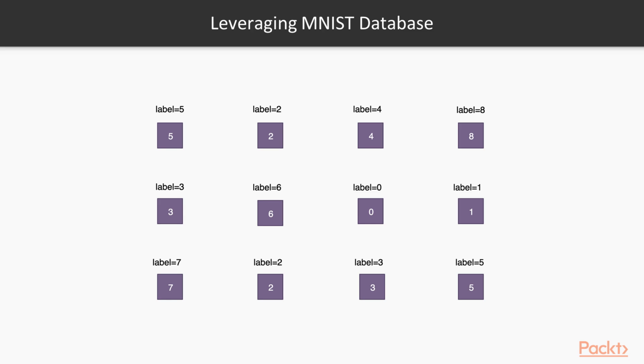Leveraging that, we will be able to teach our model how to treat, for example, handwritten 5s. And then when a new digit that is not labeled arrives at our model, we'll be able to guess which number it is. So the MNIST dataset has numbers from 0 to 9, so every handwritten digit.